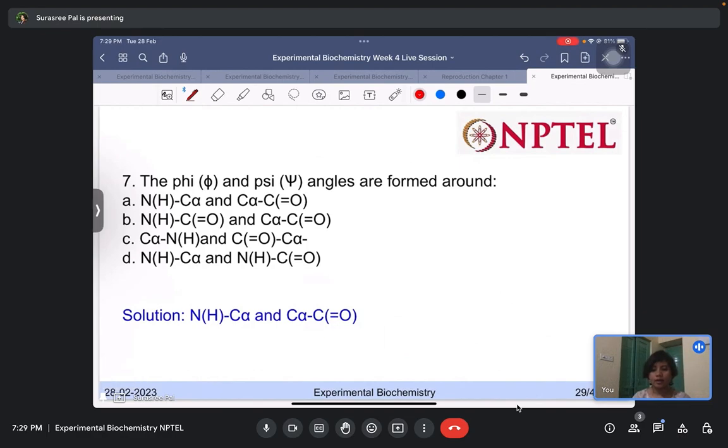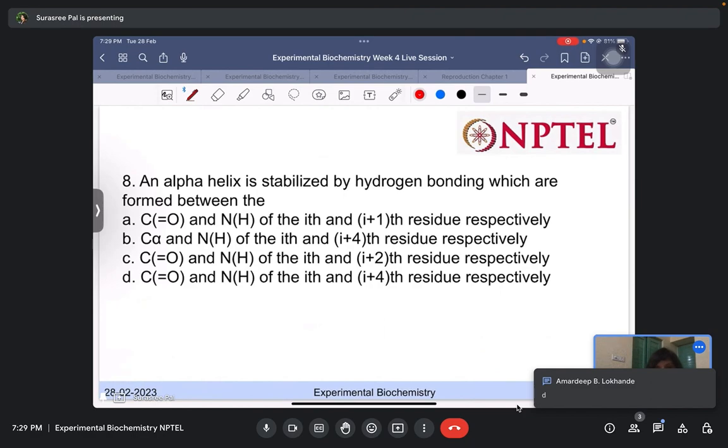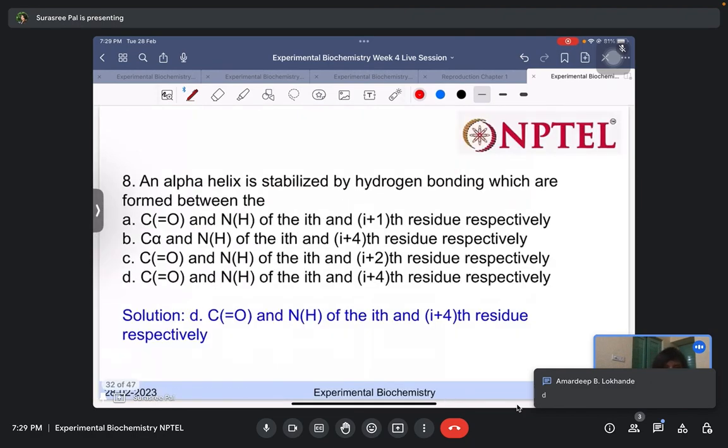So the correct answer is phi between N and C alpha, and psi between C alpha and C of the carboxyl group. Okay. Next question. Yes, D is the correct solution.